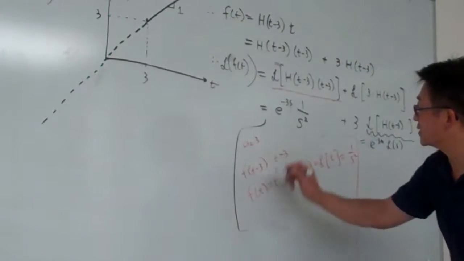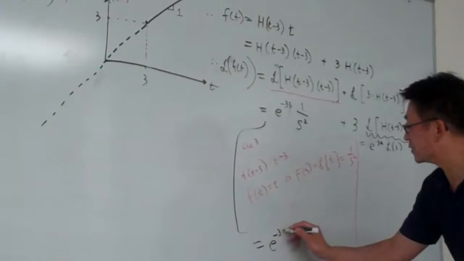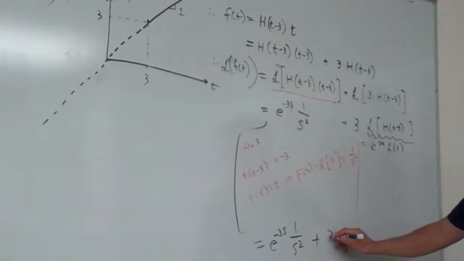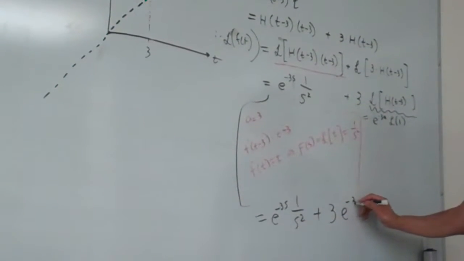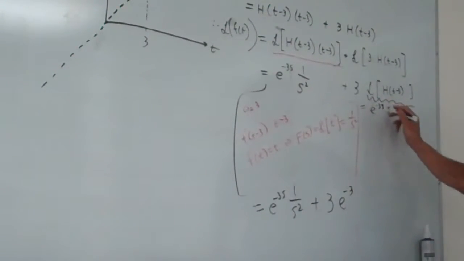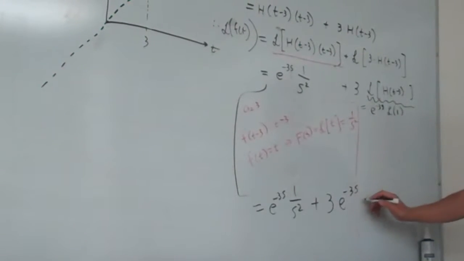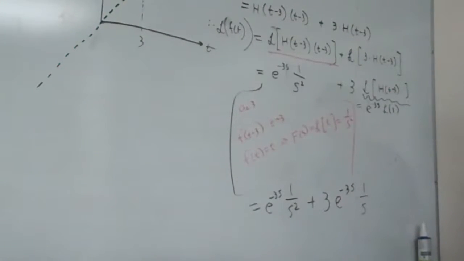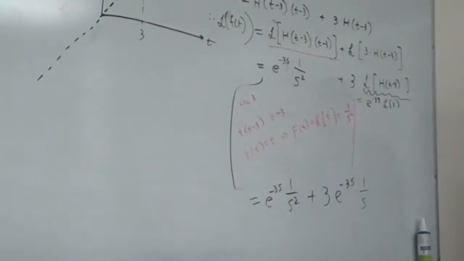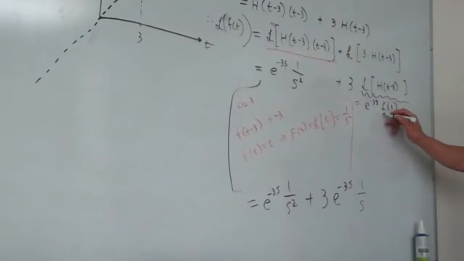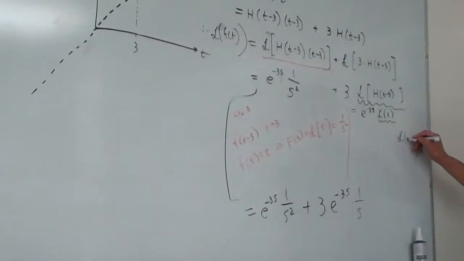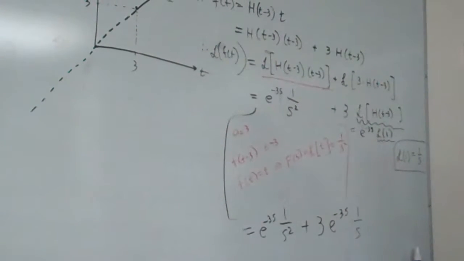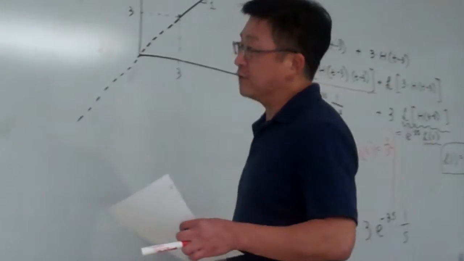The whole thing here will be equal to e to the minus 3s over s squared, plus 3 times e to the minus 3s times 1 over s. And this one, plus 1, equals s. Okay, so right now we have everything, then we can combine.